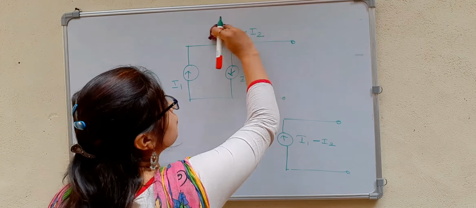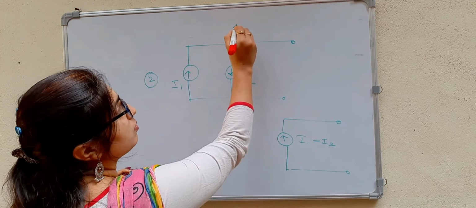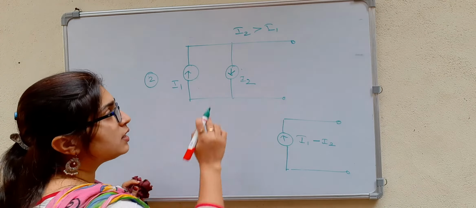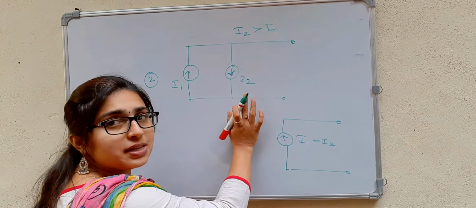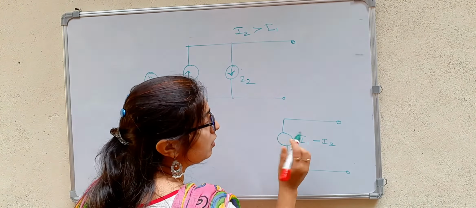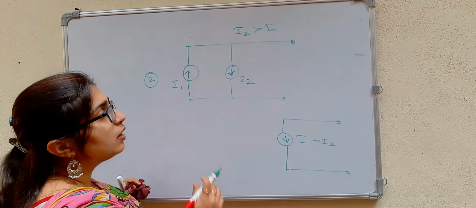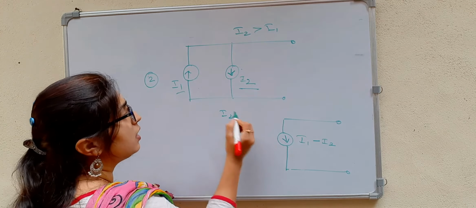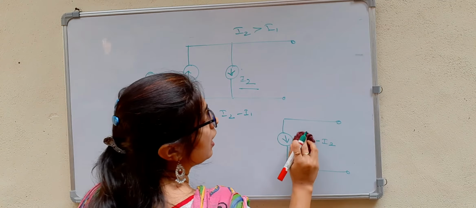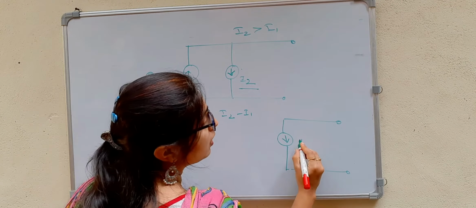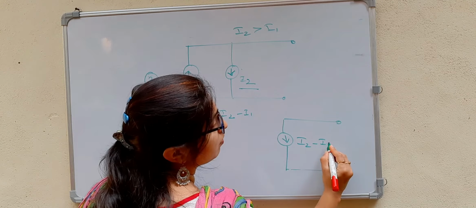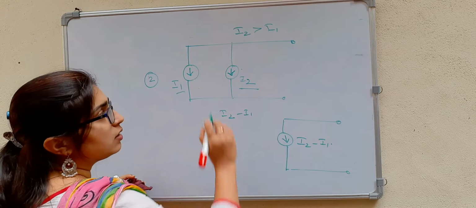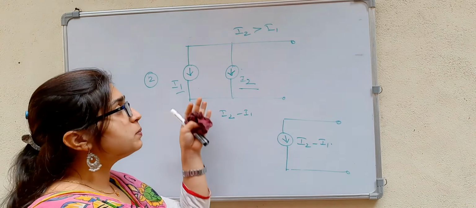Now what happens if I2 is greater than I1? In this case the direction will be the same as I2, and the value is the larger value minus the smaller, I2 minus I1. So this will be your equivalent current source. And what if both have the same direction but downwards?